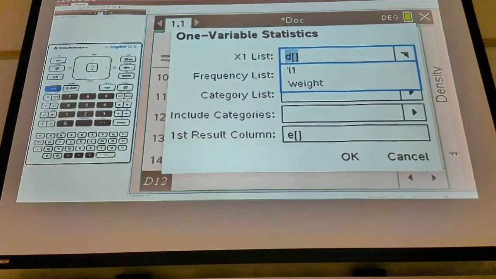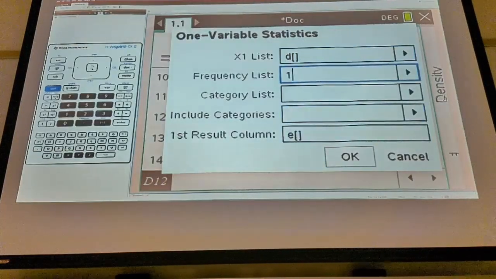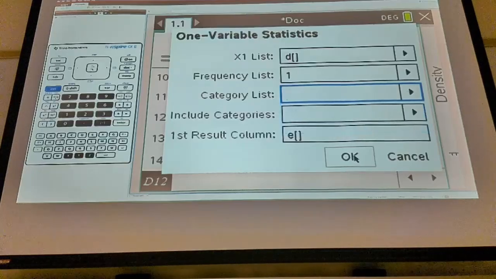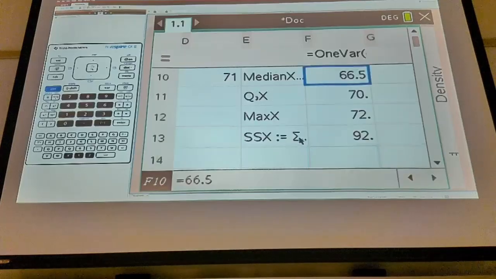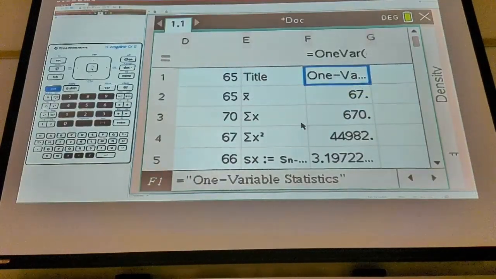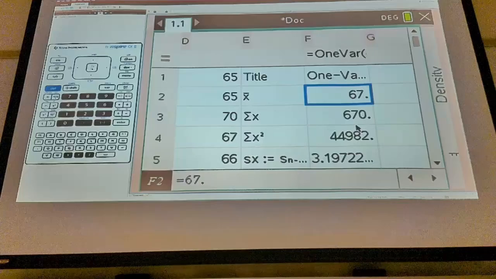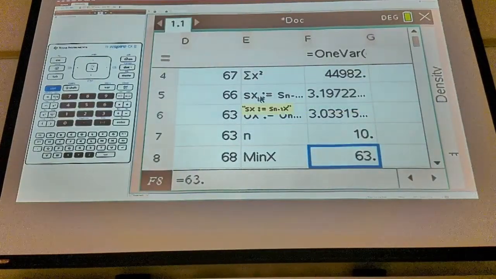Oh, it actually gives me everything I want. So there's the mean, 67. And here is the standard deviation. For the sample, you want Sx.